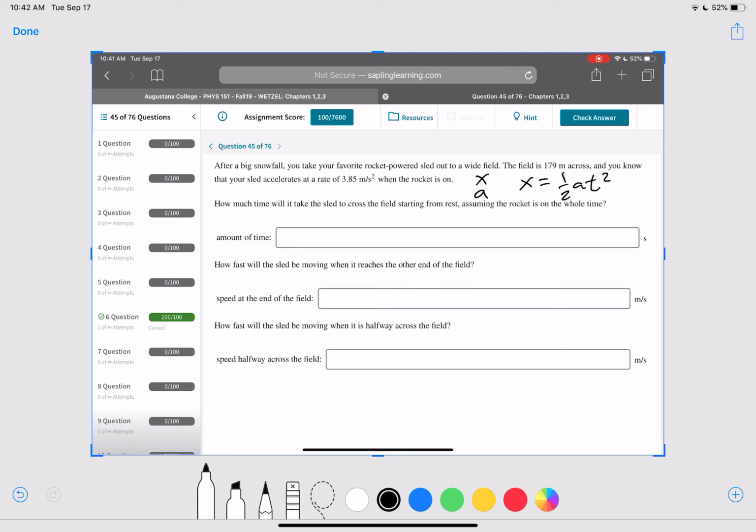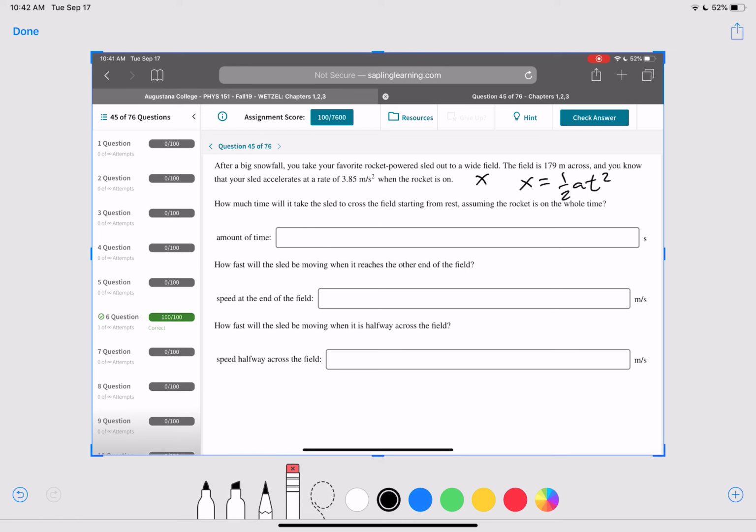So we just have this equation, x is 1/2 at squared. Then we solve for t. So time is going to be the square root of 2x over a: 2 times 179 divided by our acceleration, okay?